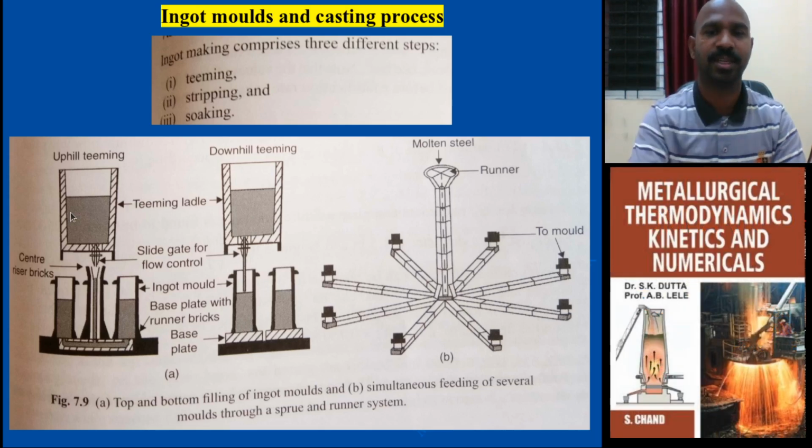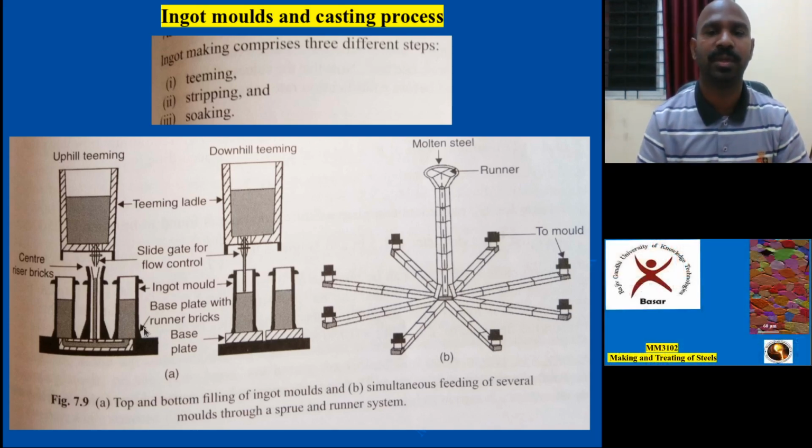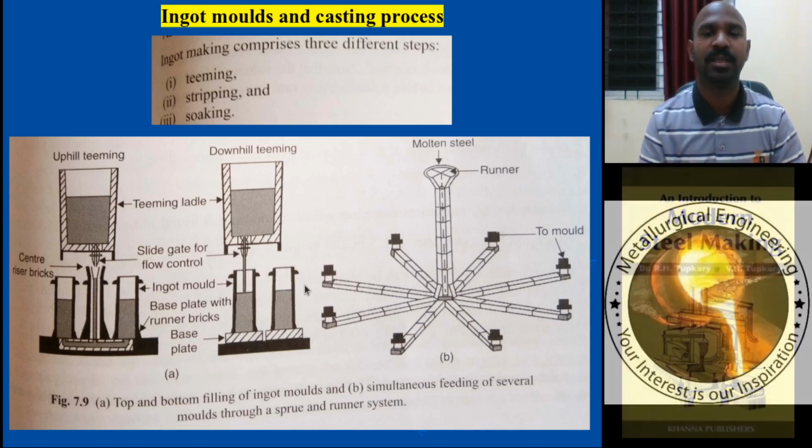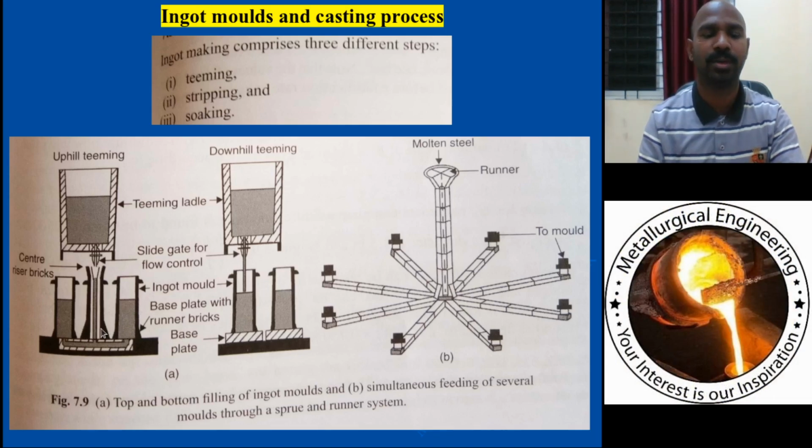So by the process, it is named uphill teeming process and downhill teeming process, and it also has another name, top ingot mold. This is the top ingot mold process, and this is bottom filling. This is the bottom filling method, and this is the top filling method.